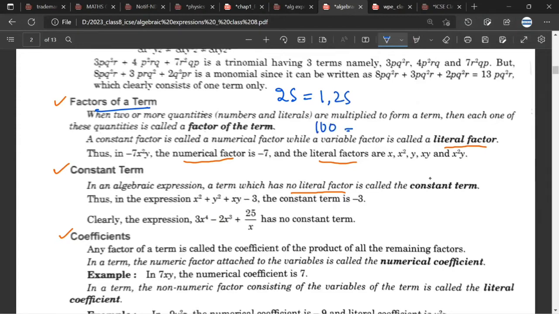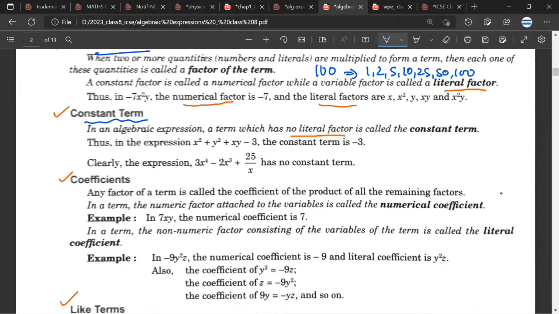Factors of 100 can be 1, 2, 5, 10, 25, 50, 100. Any doubt till here? So numbers can have factors. Similarly, the terms can also have factors. Clearly? Okay.